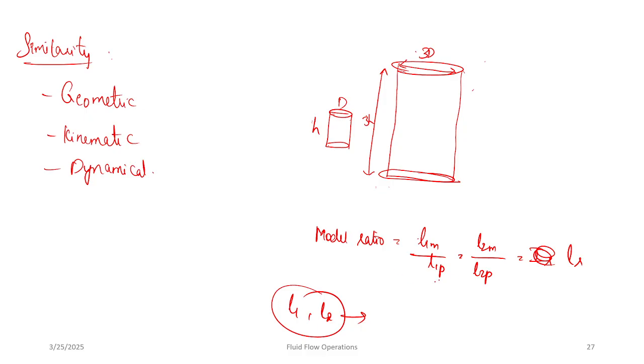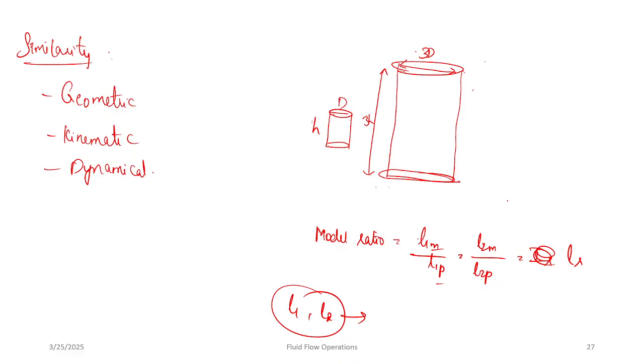So in this case, M represents model and P represents prototype. So basically, the ratio of lengths of one particular characteristic should be equal to the ratio of the other characteristic physical dimension.